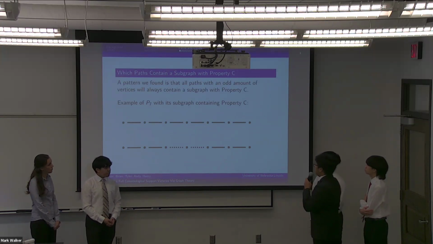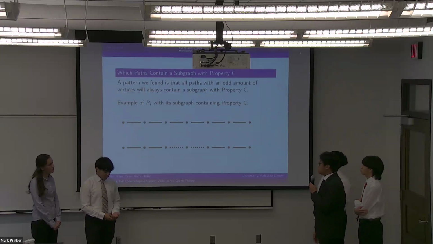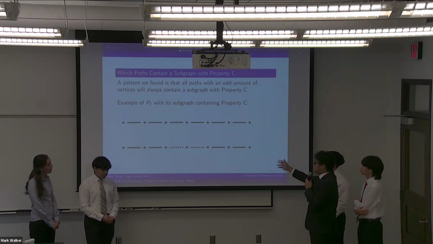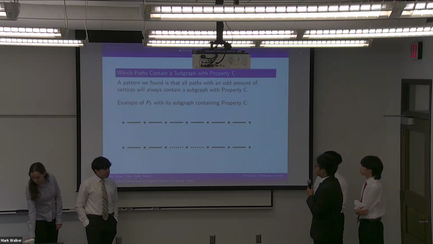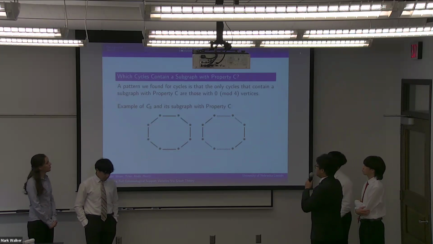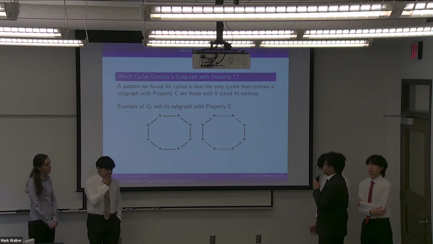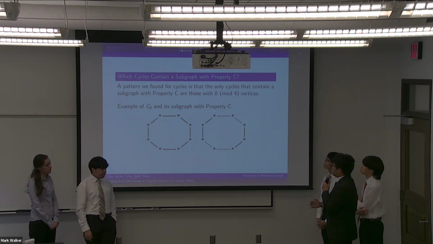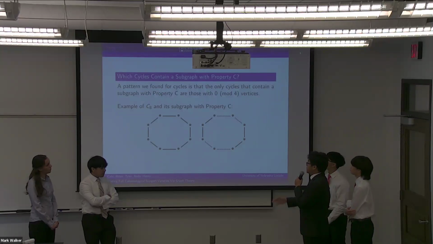Something we found for paths is that all the paths with an odd amount of vertices will always contain a subgraph with property C. For instance, the P7 up here, and below it is one of its subgraphs that has property C. And as for cycles, we found that the only cycles that contain a subgraph with property C are those with 0 mod 4 vertices. In other words, the number of vertices is divisible by 4 with 0 remainder. An example of that is the C8 right here with the subgraph with property C next to it.